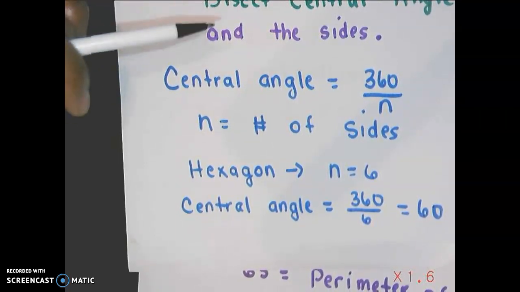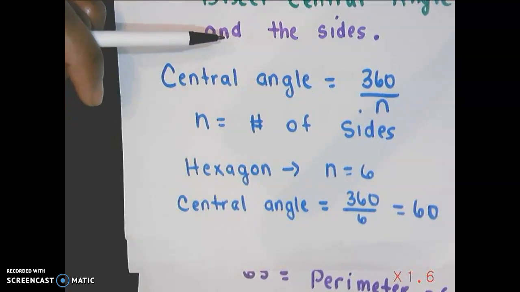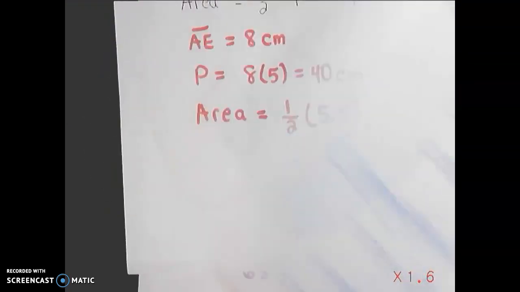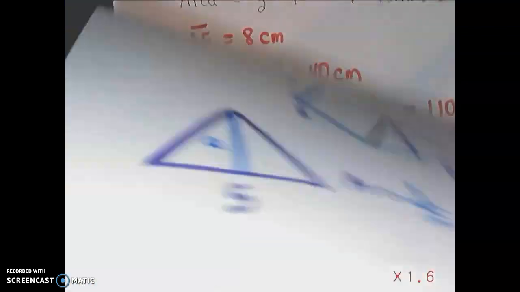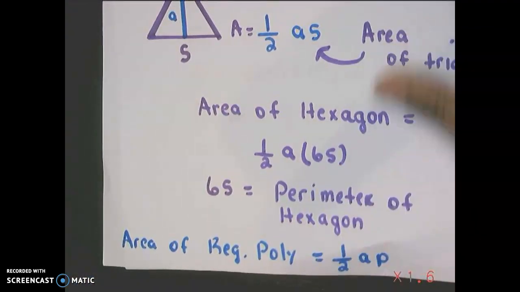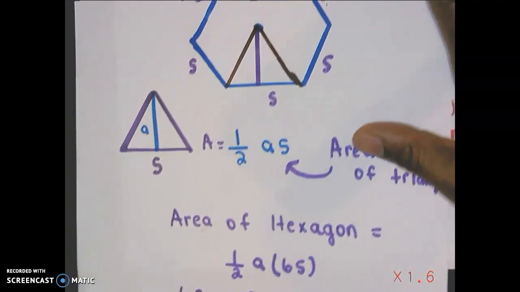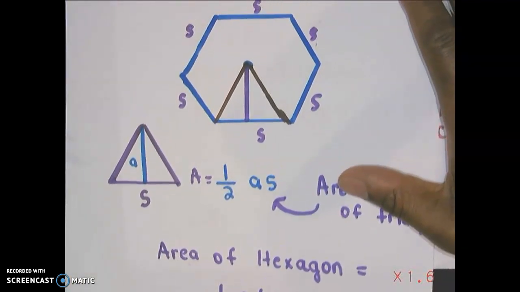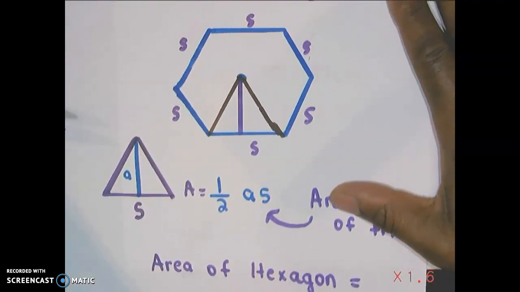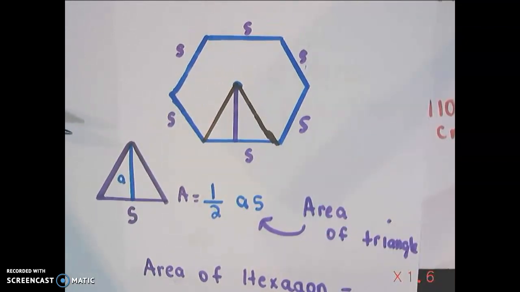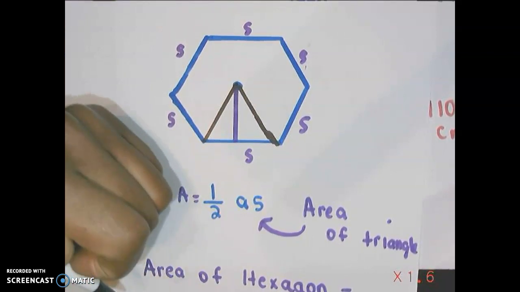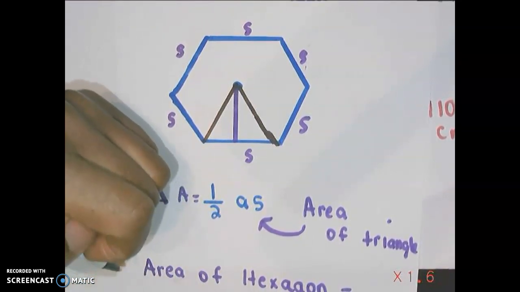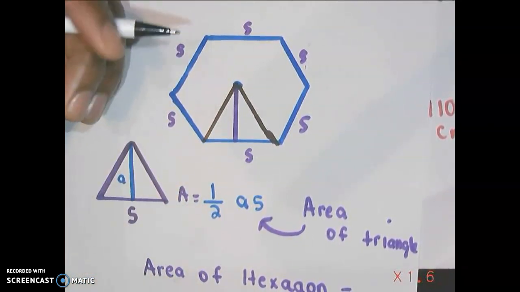All right, let's move on to determining the area of this particular shape. Let's look here again. Not all hexagons are regular polygons, but for this hexagon, we're going to assume that it is regular.